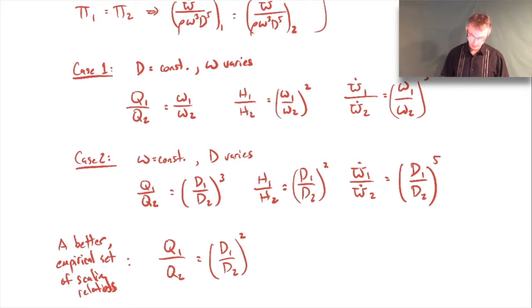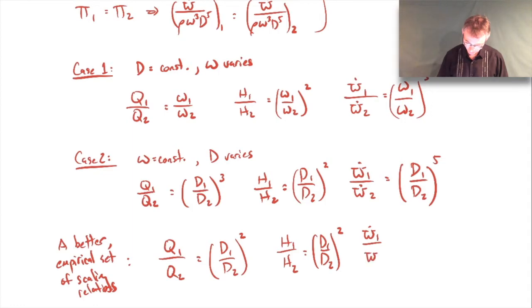So you'll see here, just from dimensional analysis, we get the ratio of diameters cubed, but from some experimental scaling, it turns out it works better if you just square it rather than cube it. And then for the head rise, that one stays about the same. It's just d1 over d2 squared still. And for the power, instead of going to the fifth, raising it to the fourth seems to work better.